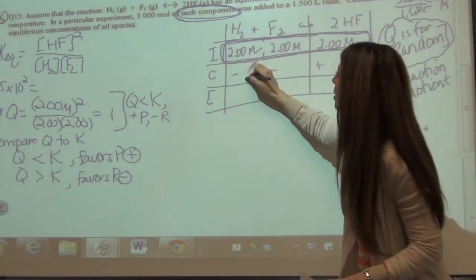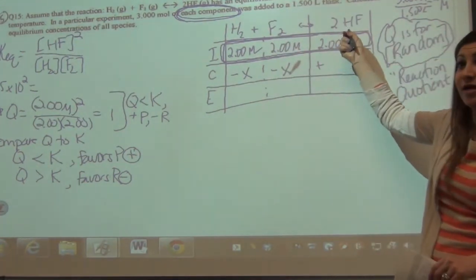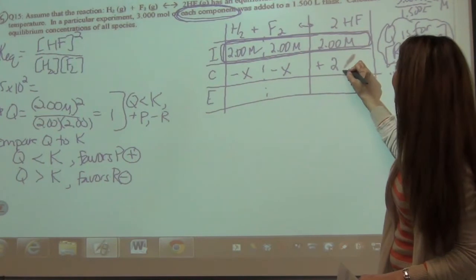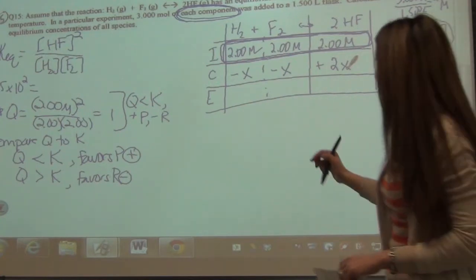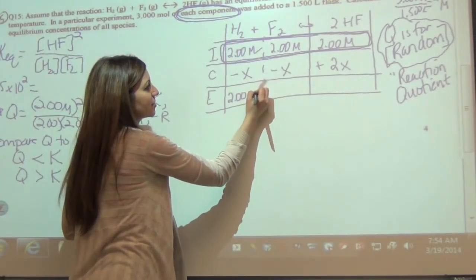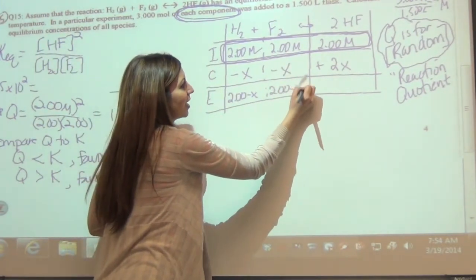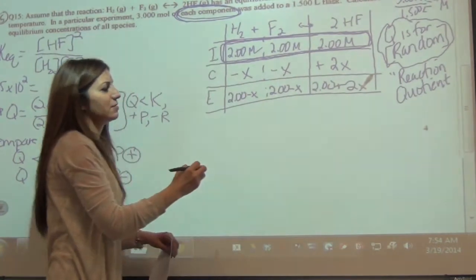The H2, which would make your F2 X, and this one 2X. Awesome, because of the stoichiometry. Remember, this is a step that works stoichiometrically. So now we can just write this as 2 minus X, 2 minus X, and 2 plus 2X.